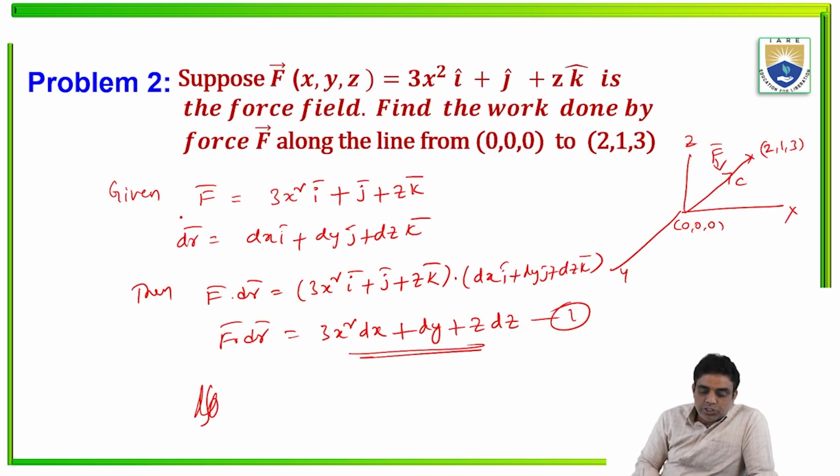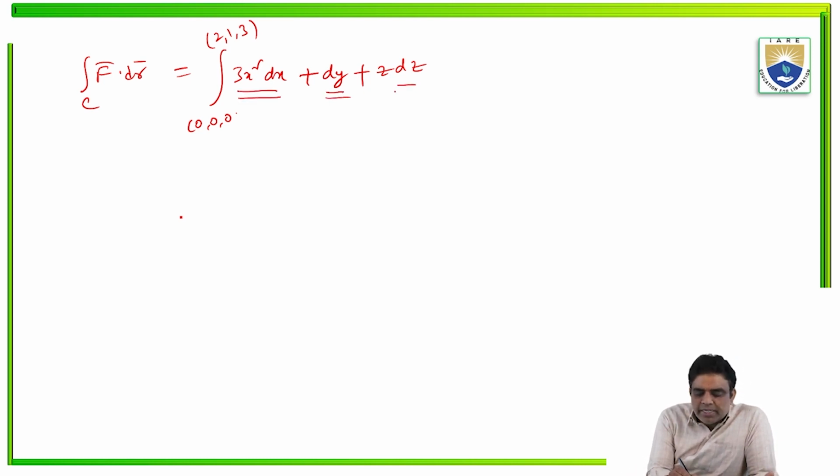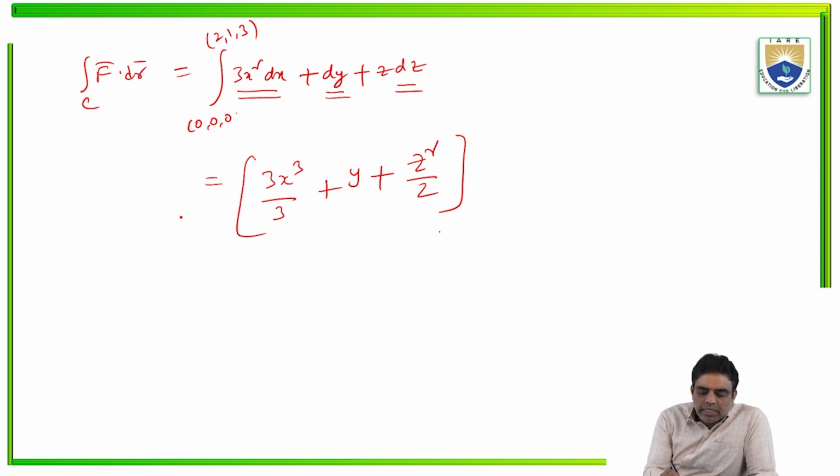I think the point is 2 1 3. Right. Clearly, here it is a pure function of x, pure function of y, pure function of z. So you can substitute the limits as it is. That means 3x cube by 3 plus integral dy, y, and integral z dz, z square by 2. The limits are from 0 0 0 to 2 comma 1 comma 3.